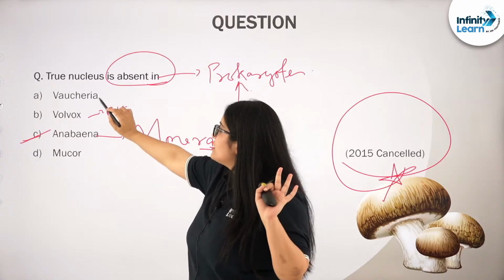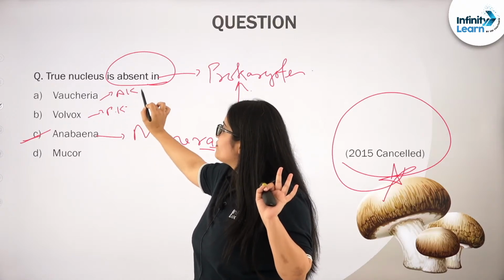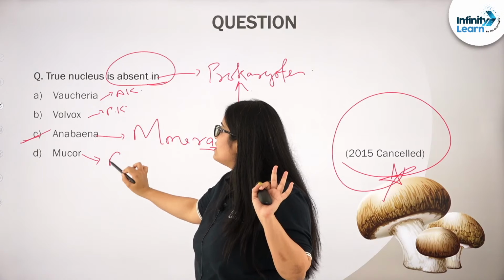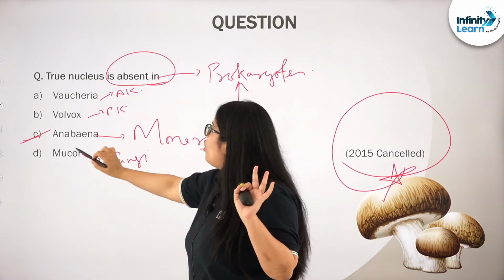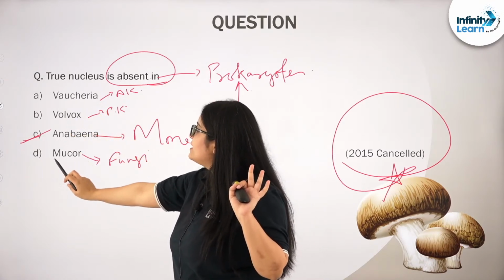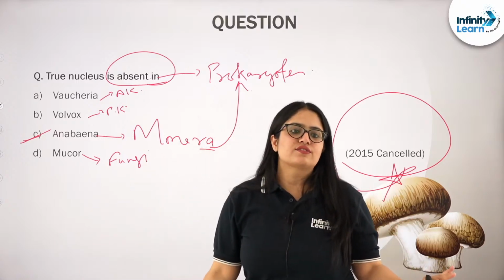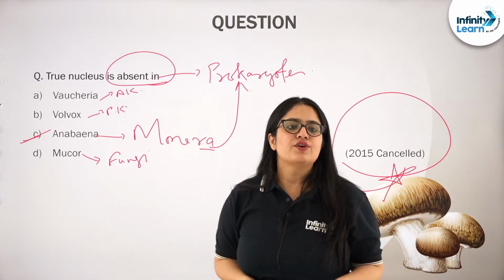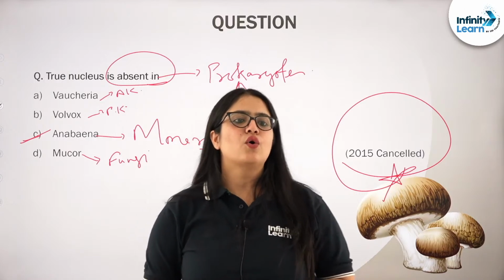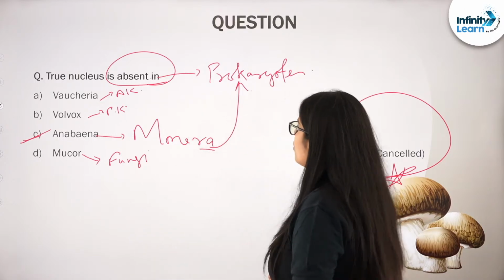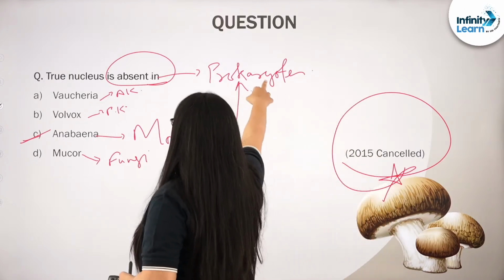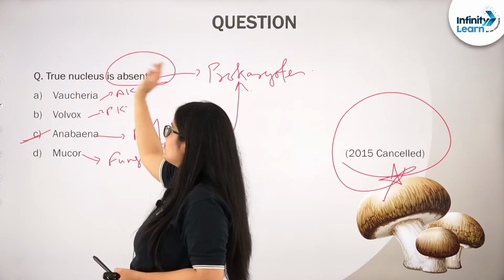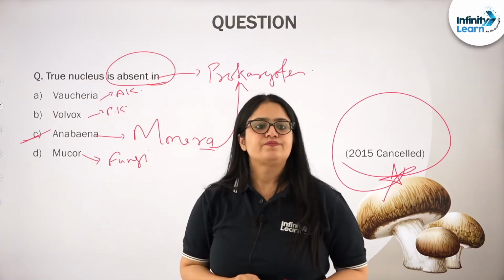Wuchereria is a member of the animal kingdom. Mucor is a member of fungi. So options A, B and D are all eukaryotes. They are all going to possess a true nucleus. Only the member of Monera, which is a prokaryote, will have its true nucleus absent.